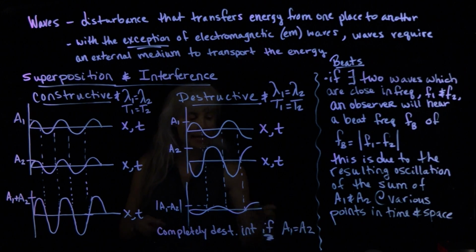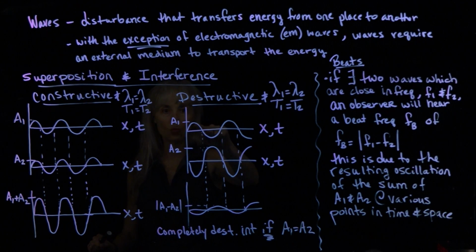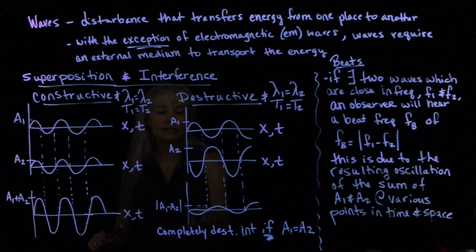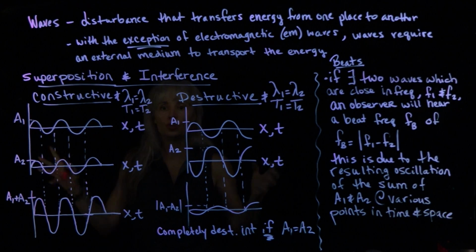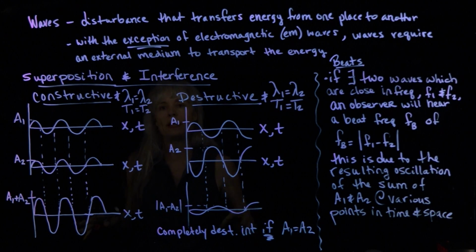So if these two waves have the same amplitude, and one's crest is coinciding with the other's trough, we would have a complete cancellation, and we would see nothing at the location where the two waves are coinciding in space and time. If the amplitudes are different, then we see some diminished amplitude with the same frequency and period.